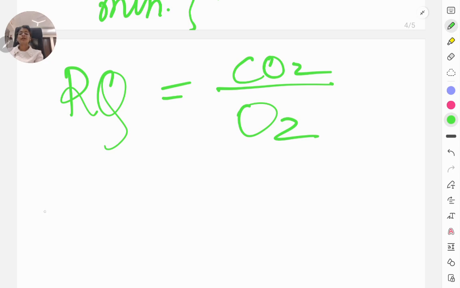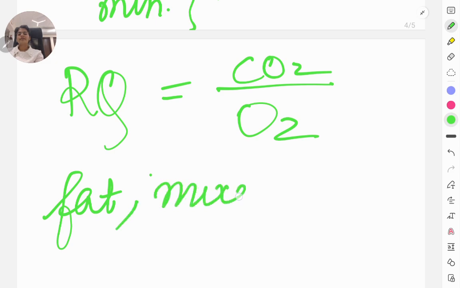So for some of them, like in the case of fats or also in the case of a mixed diet, it is 0.7.